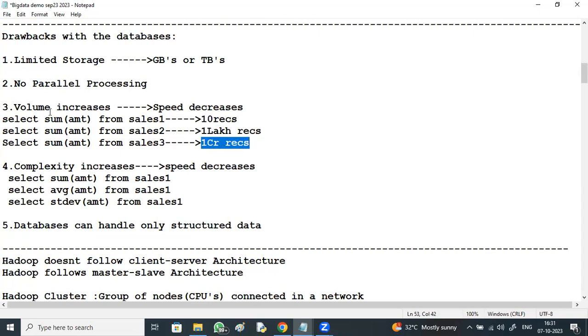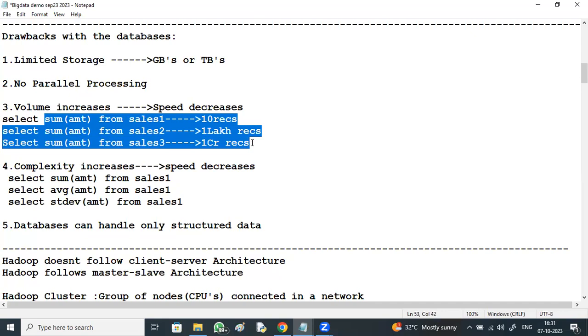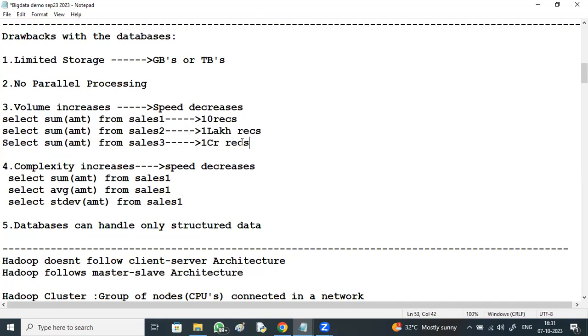Which query is going to execute faster among these three? The first query executes faster compared with the others. So query to query, as volume increases, speed decreases in databases.